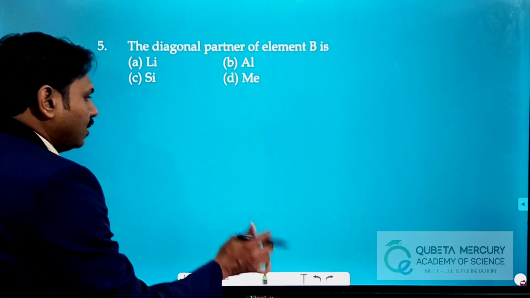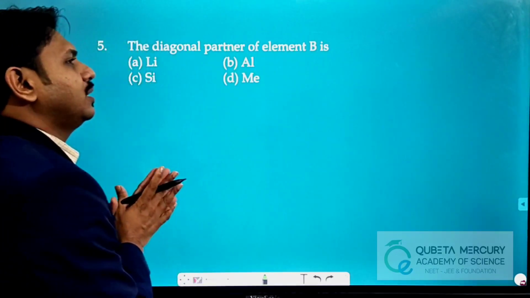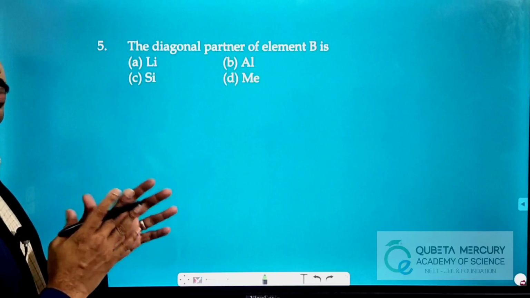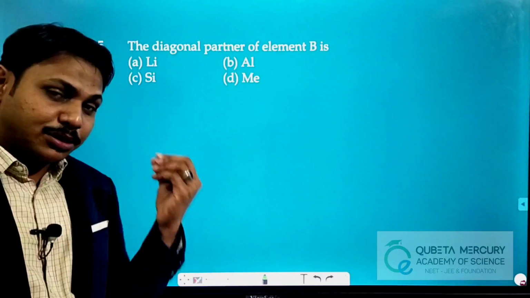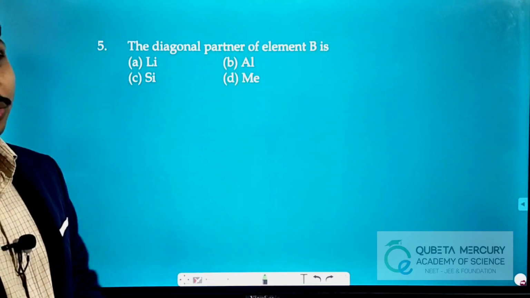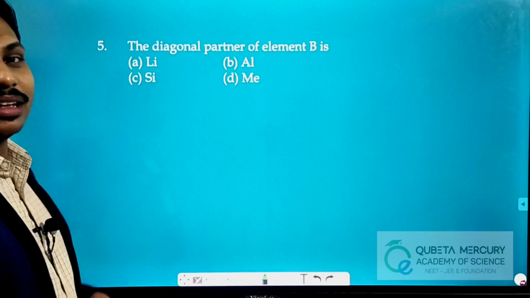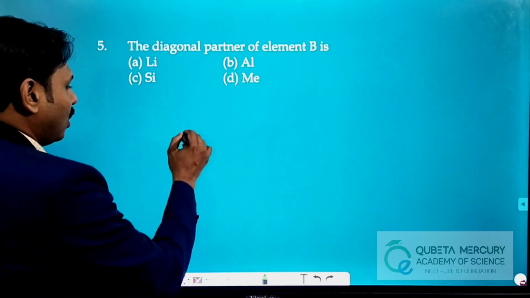In periodic table, a special type of relationship between the first member of a certain group with the second member of the next higher group is found. This sort of diagonal relation is what is called diagonal relationship. See, what are they?